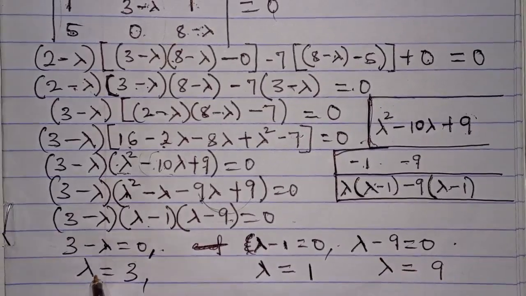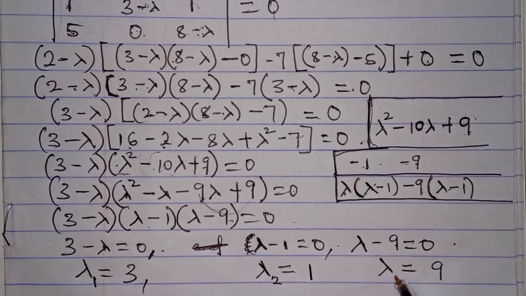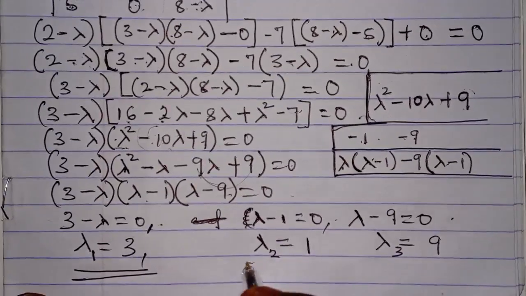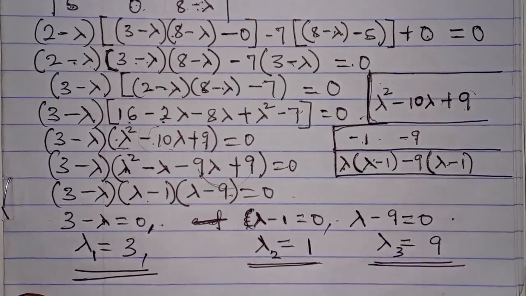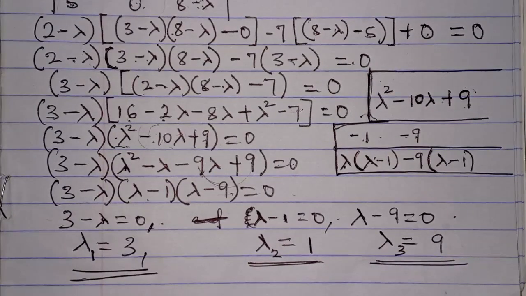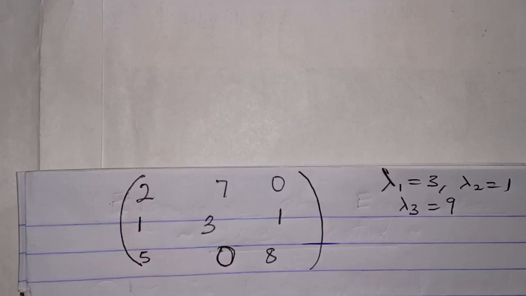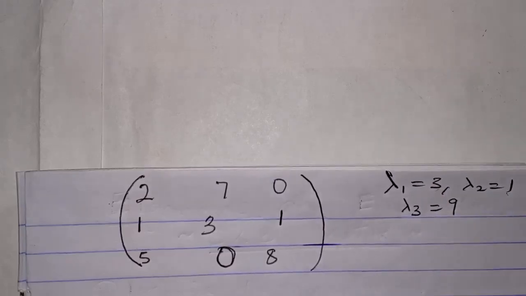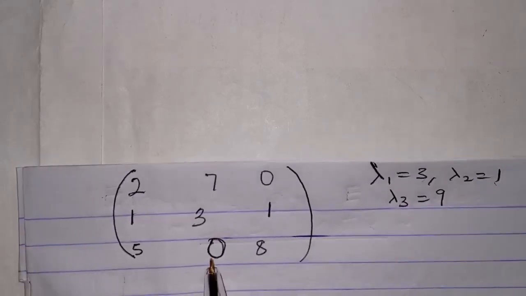So let's call this lambda 1, lambda 2, and lambda 3. These are the eigenvalues. So what now are the corresponding eigenvectors? Now, these are the eigenvalues, 3, 1, 9. Alright, this is the matrix, okay?